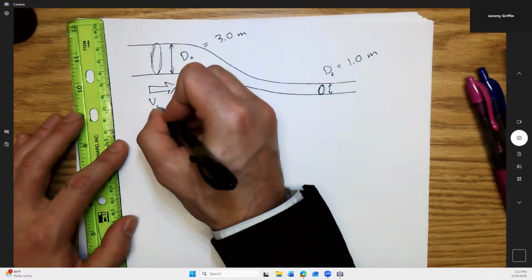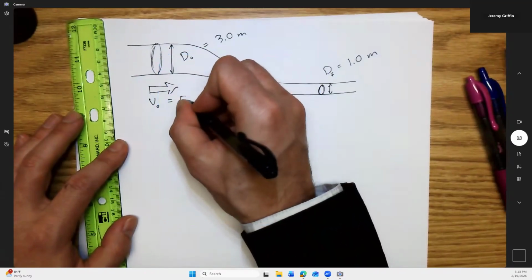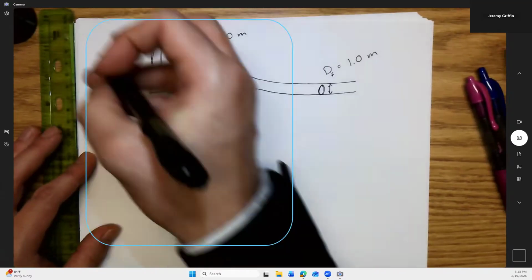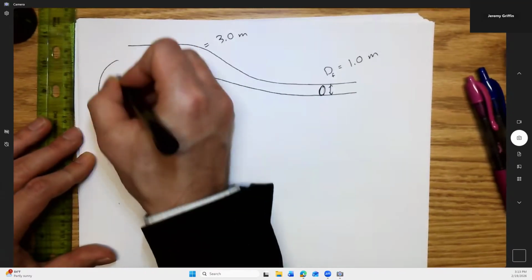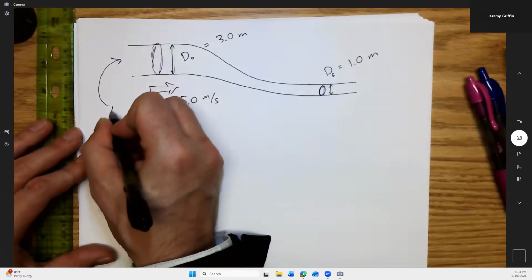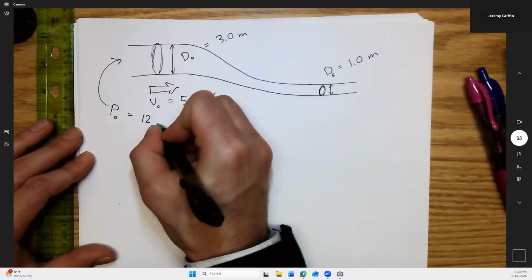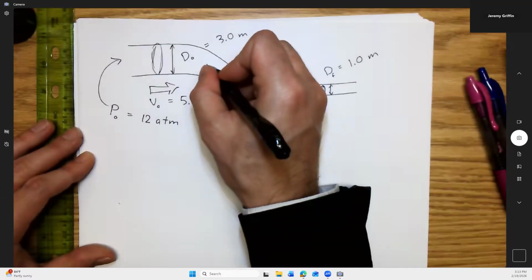The initial speed of the water is, how about 5.0 meters per second? And let's say the initial pressure right here is, how about 12 atmospheres? I'm gonna send a fish going through.